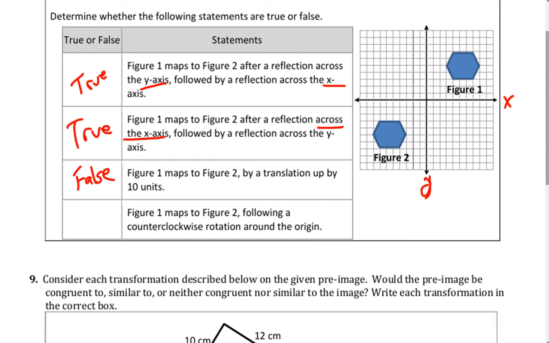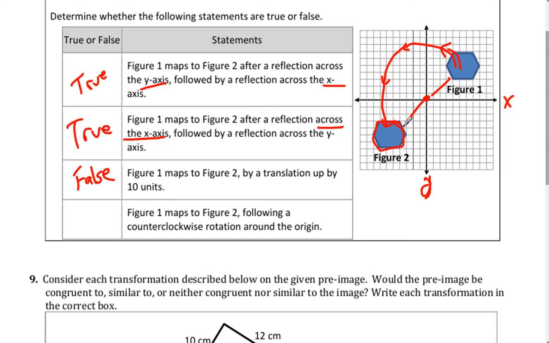Figure 1 maps to figure 2, following a counterclockwise rotation around the origin. So if I would spin this shape around the origin, does it eventually land right here? The answer is yes, it does. It's the same distance away from the origin on both sides.